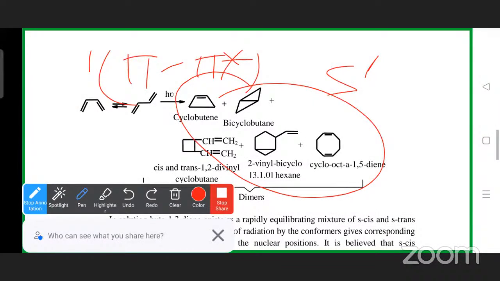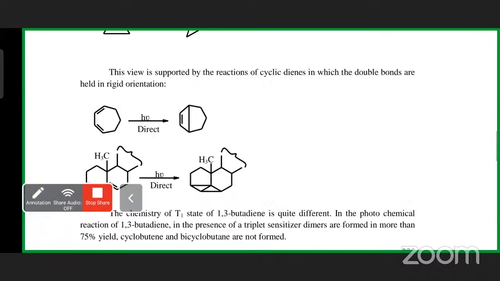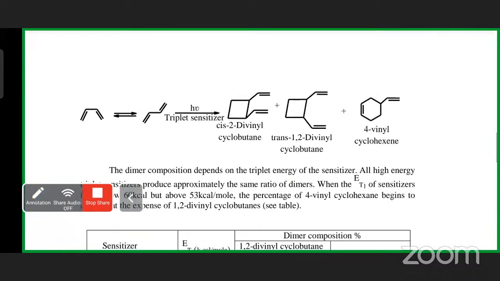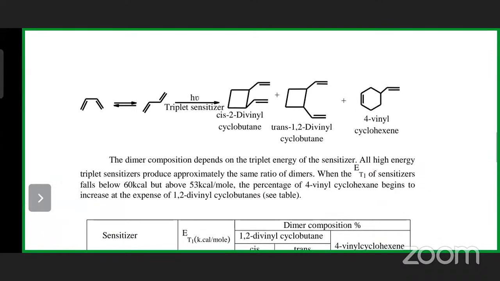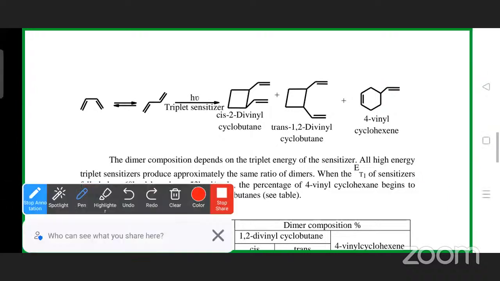These are the products: cyclobutene, and these are the dimeric products. But cyclobutadiene and the other products come under triplet sensitization reaction, so the products are different upon triplet sensitization.